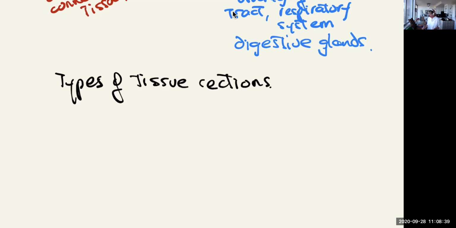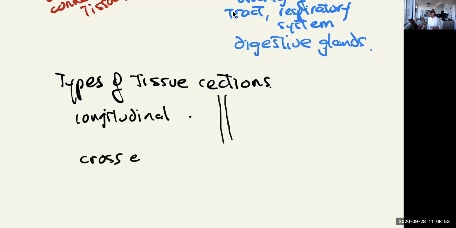You may get a longitudinal section, which will look something like that. You may, however, get a cross section, which will look like that, a cross section of that blood vessel, which will show the various kinds of tissue.